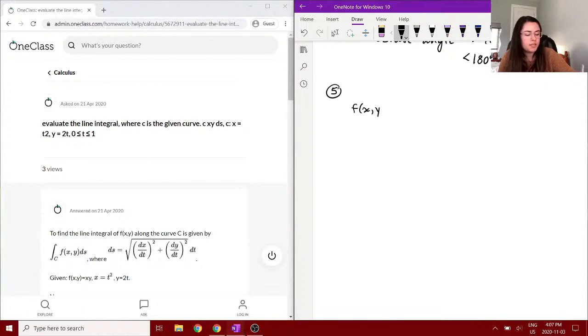But it's saying that the function is xy, and this is representing the curve C. It also gives us that x is equal to t squared, y is equal to 2t, and t is within the bounds of 0 to 1, okay? And ultimately, it's asking us to evaluate the line integral.